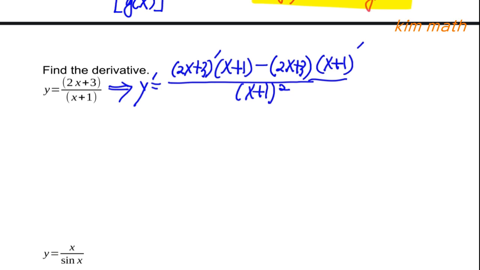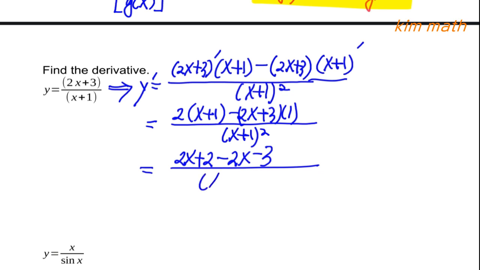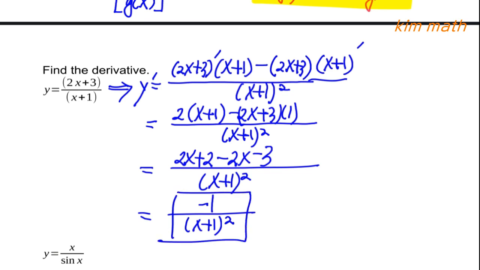Okay, so the next process is just simplification. 2x plus 3, derivative is 2, times x plus 1, minus 2x plus 3, derivative of x plus 1 is just 1, over x plus 1 squared. Okay, 2x plus 2 minus 2x minus 3 over x plus 1 squared. So negative 1 over x plus 1 squared. Okay, this is our derivative.